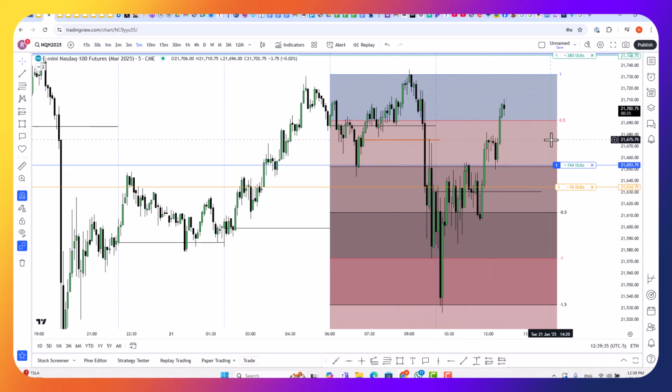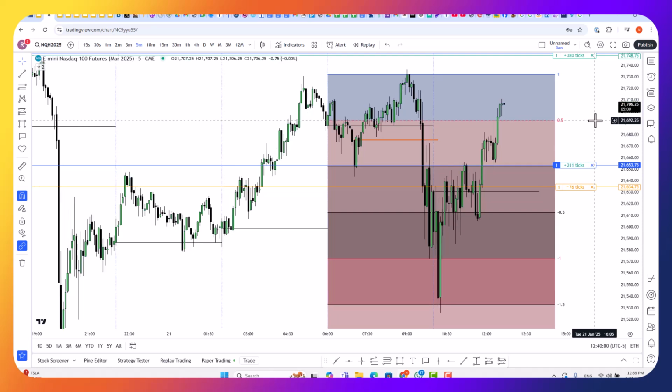So risking 76 ticks to make 200 ticks. Not bad.